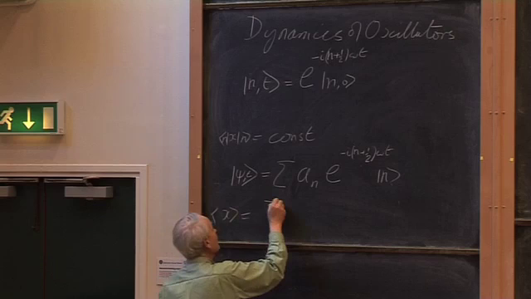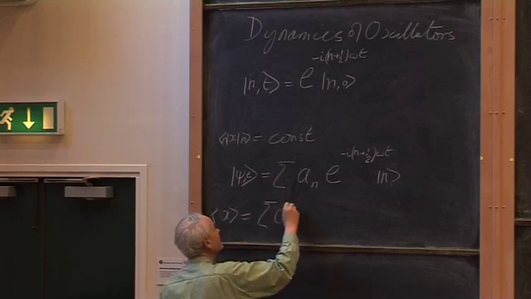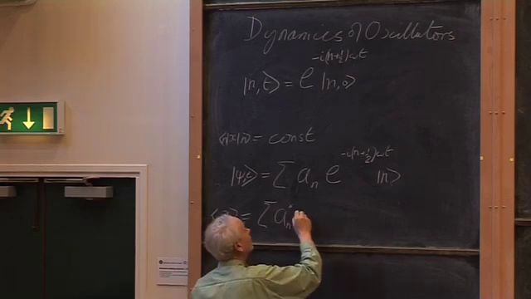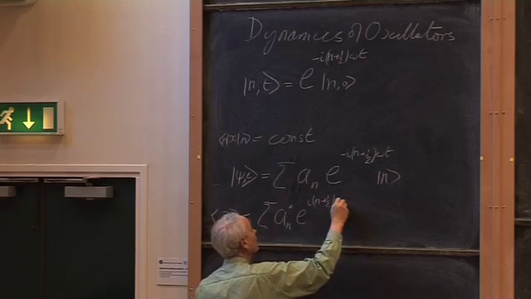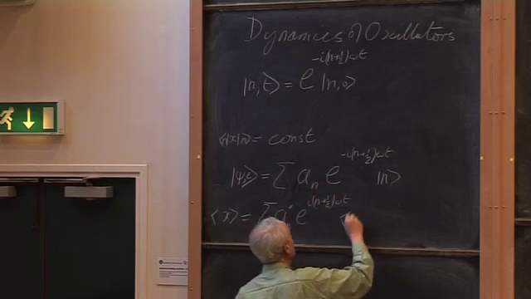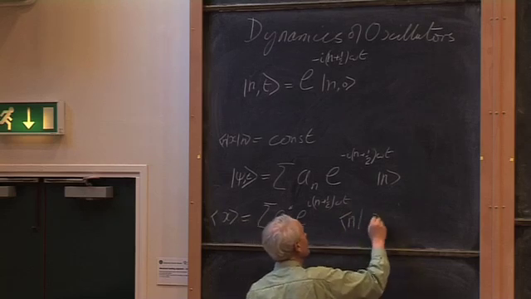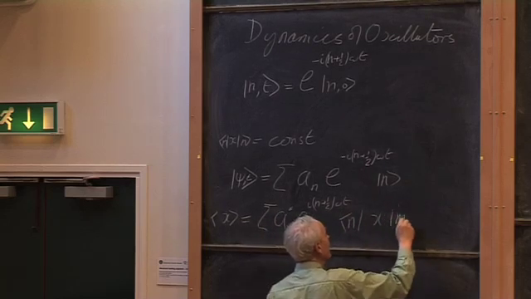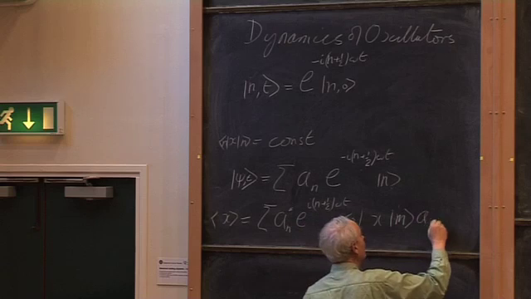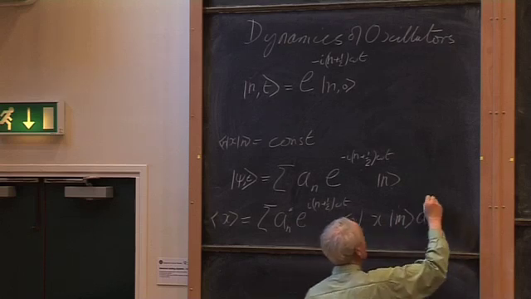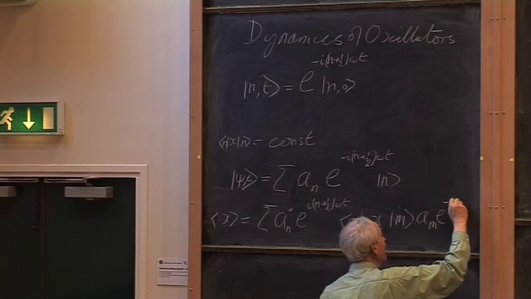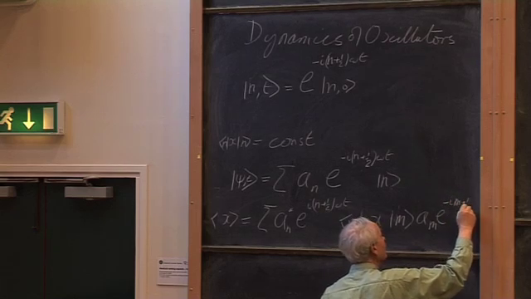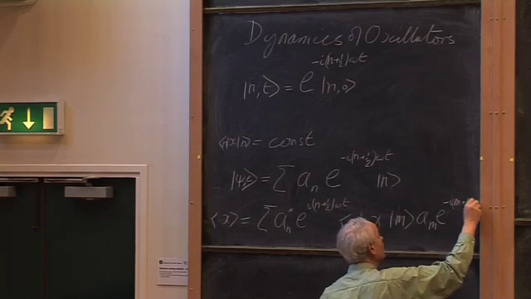So what is it? It's going to be the sum of a n star e to the i n plus a half omega t, times the bra n, times x, times the ket m, times a m, not starred, e to the minus i m plus a half omega t.